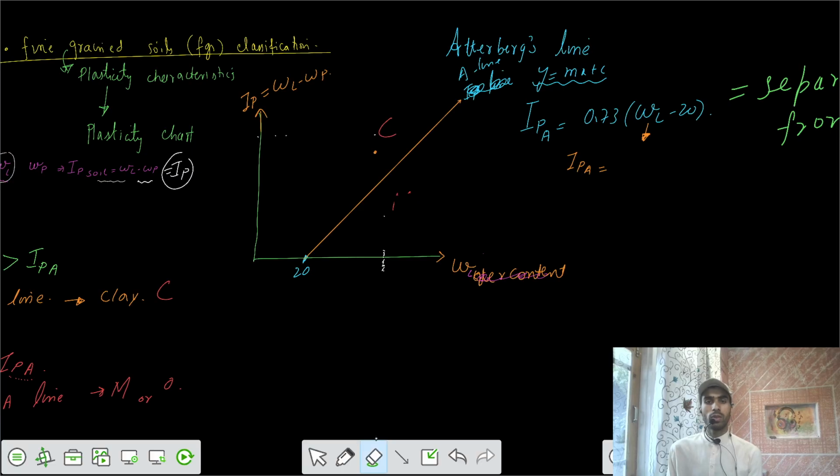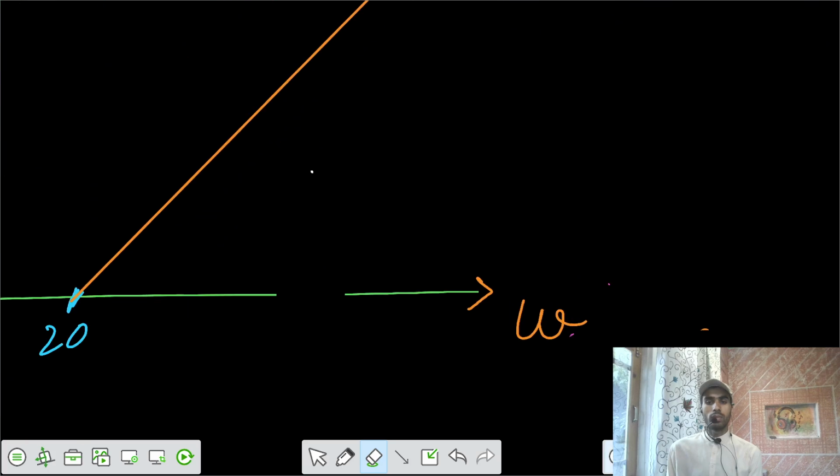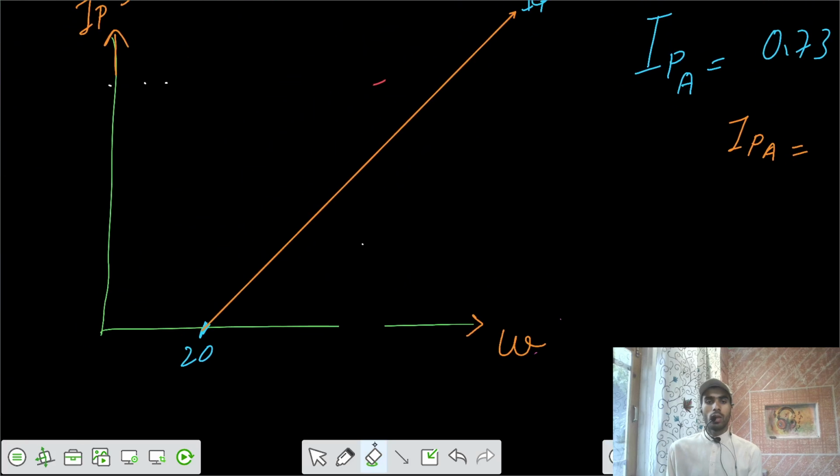Let's have a proper understanding now. You have a liquid limit somewhere here at the value of 20, somewhere here 35, and somewhere here a liquid limit of 50.